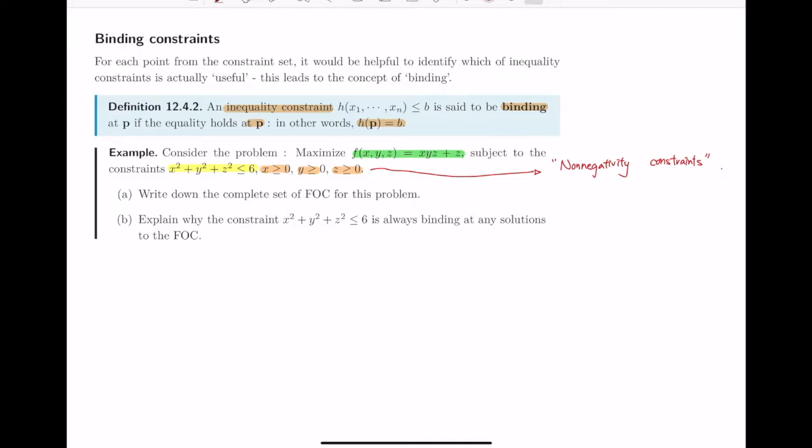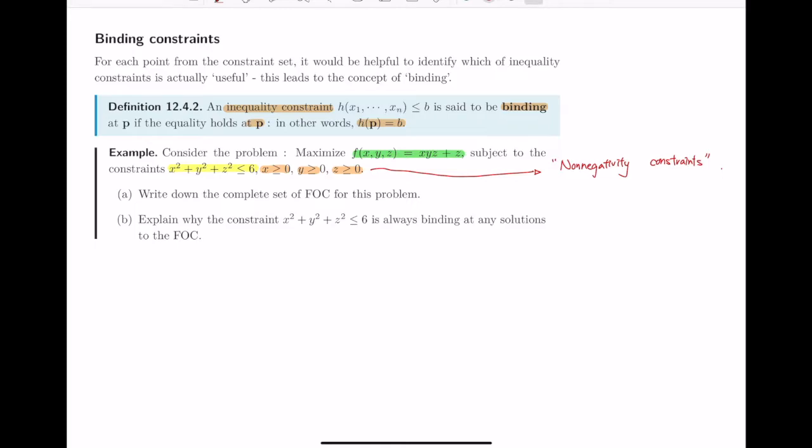Because, for example, if in reality you try to optimize your production, then all the inputs you put in, for example x, y, z, are inputs, right? And all the inputs are obviously greater than or equal to 0 because you never have negative input.